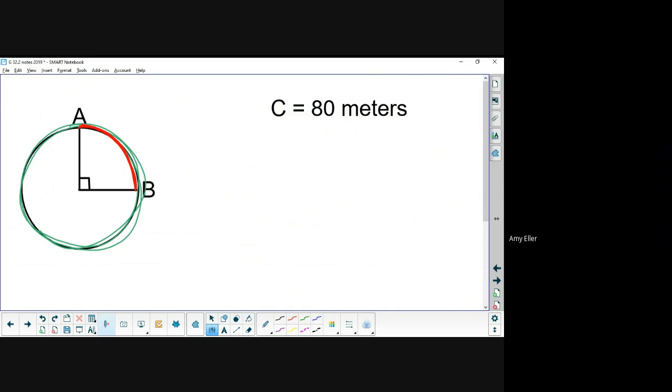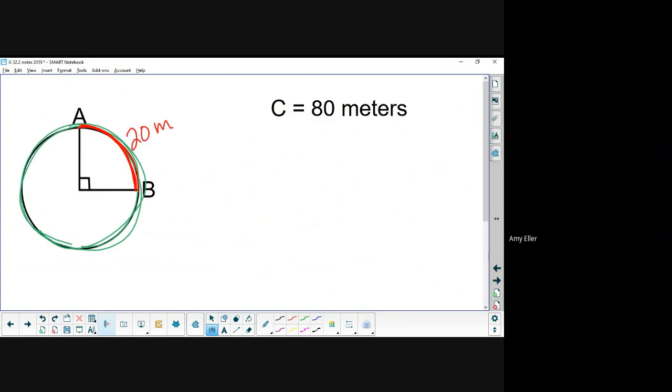The idea is how big the red arc you think might be if the whole circle is 80. 20, that's right. How'd you get that? Right. I have 90 degrees, and that I could do 4 times. So if I have a fourth of the whole circle, a fourth of 80 is 20. That's exactly right. This would be 20 meters.